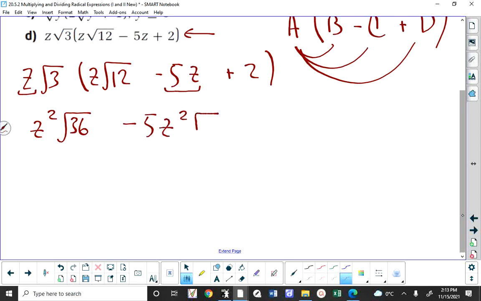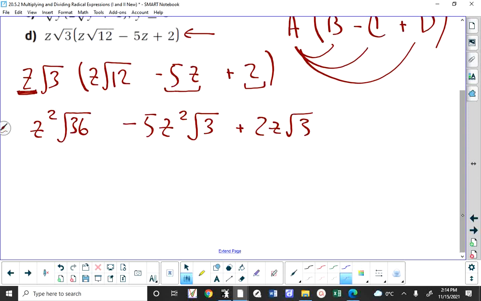And we're left with a radical of root 3. And then z root 3 times 2 is 2z root 3. Again, I'm multiplying coefficients. I'm multiplying the z as a coefficient and the 2 as a coefficient. You see, that's why I cross my z's, so that I don't confuse them with 2's. And even though the z is written first, I would probably write 2z.